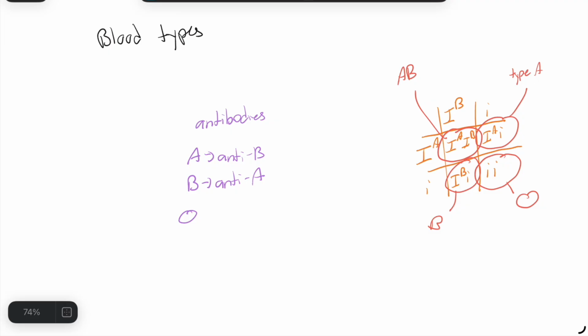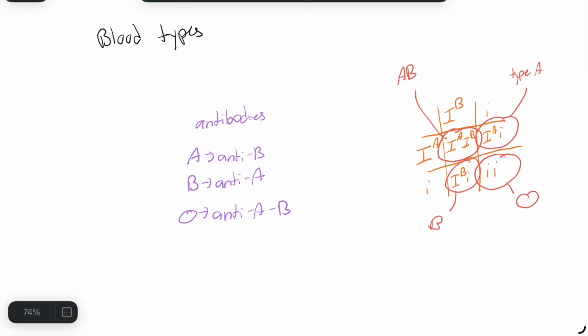And then we have type O. O has neither antigen, so it creates both anti-A and anti-B antibodies. So the antibodies are looking for the opposite antigen because that's what you do not have.